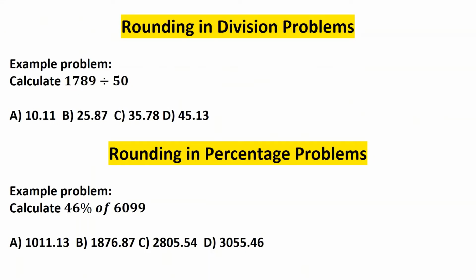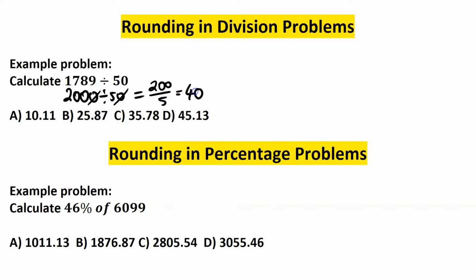You can also apply these same rounding strategies to division or percentage problems. So for this problem, 1,789 divided by 50. Remember we don't have time to do long division. So I'm going to just say this is approximately 2,000 divided by 50, which is the same as me trying to find 200 divided by 5.